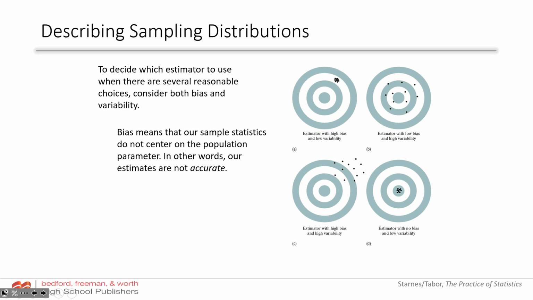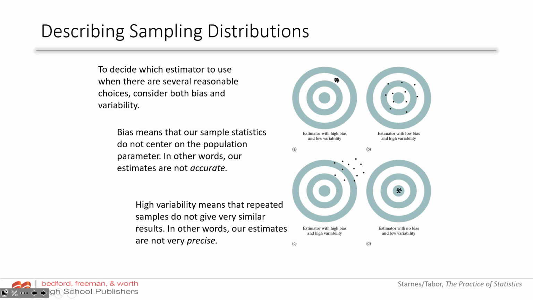So bias means that our sample statistics don't center on the population parameter. In other words, they're not accurate. Like in C and in A, those sample values were not accurate. We had a high amount of bias. But let's talk about precision now. In C down here, we don't have a whole lot of precision.